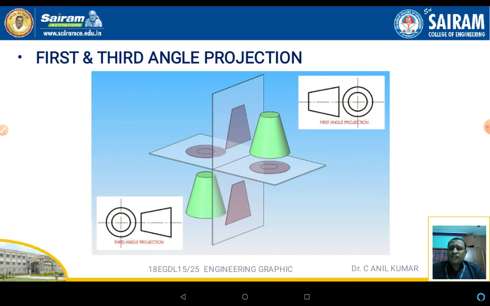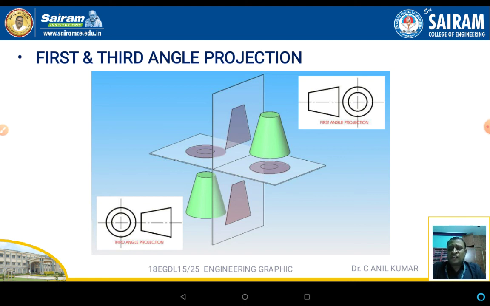Now, as we have discussed in the previous slides, the top view will be on the HP and the front view always will be on the VP. If you take the first angle and the third angle projection, the top view is on HP and the front view is on VP.